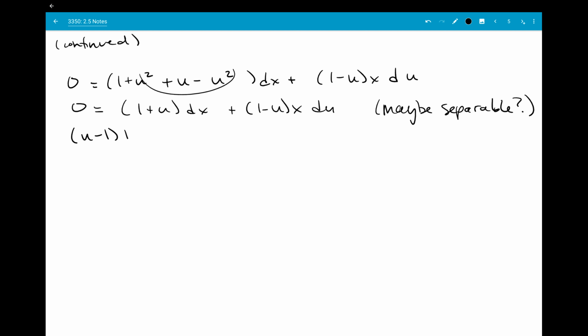So I'd have (u minus 1) du times x equal to (1 plus u) dx. I just moved this thing over to the left-hand side, like subtracted it. And then that gives me (u minus 1) over (1 plus u) du is equal to dx over x.